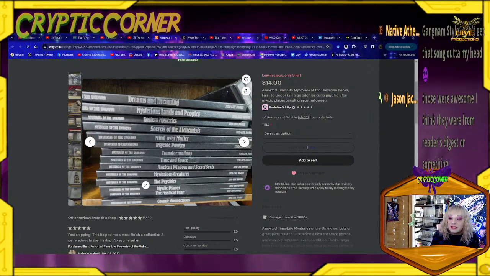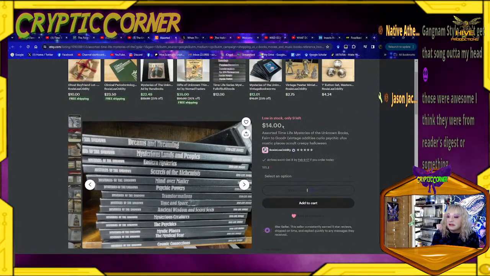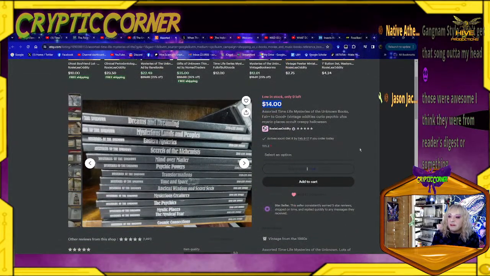Mysterious Creatures, the Psychics, the Mystic Places, the Mystic Years, and Cosmic Connections. It's only $14. It's on Etsy, so I'd be giving it to a small business.